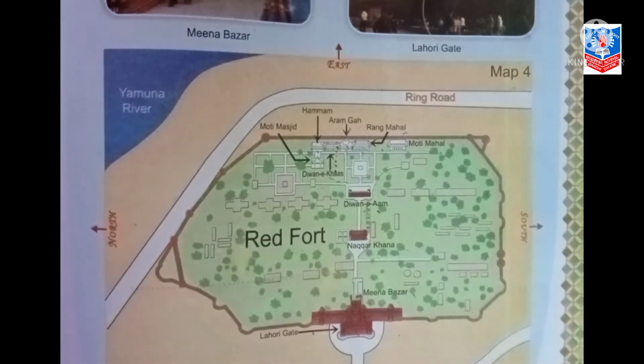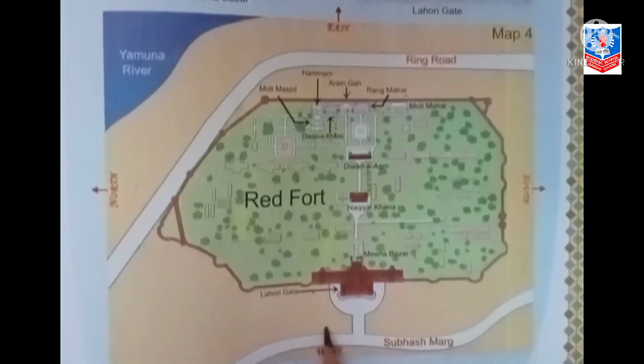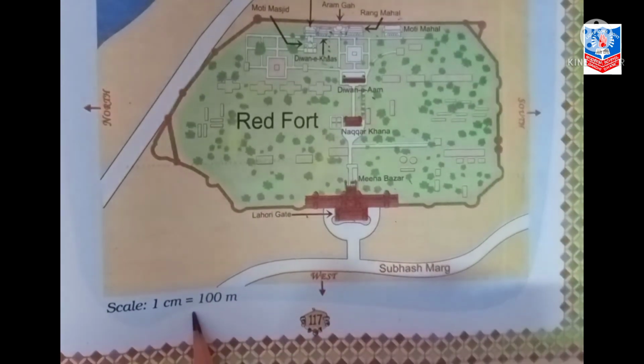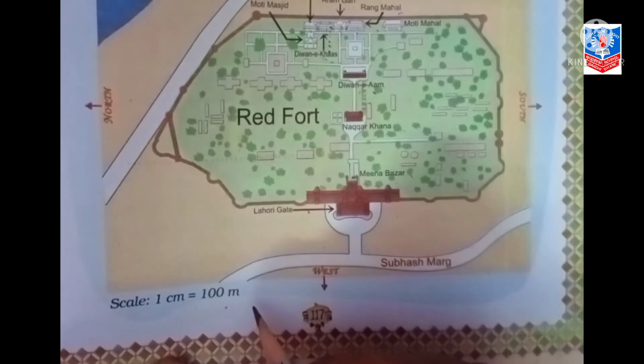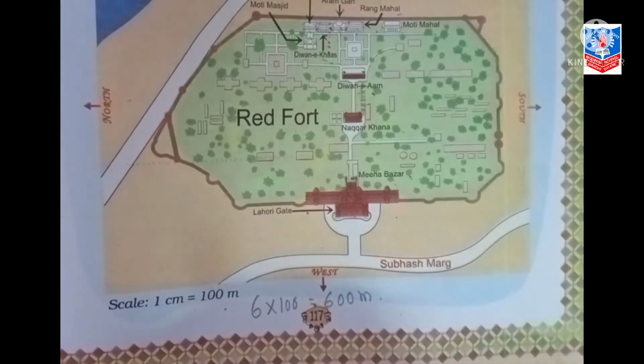The distance between Diwane-e-Khas and Lahori Gate is 6 centimeter. And see here in our book, it is given scale 1 centimeter is equal to 100 meter. So 6 centimeter is equal to 6 into 100 is equal to 600 meter. Understood?